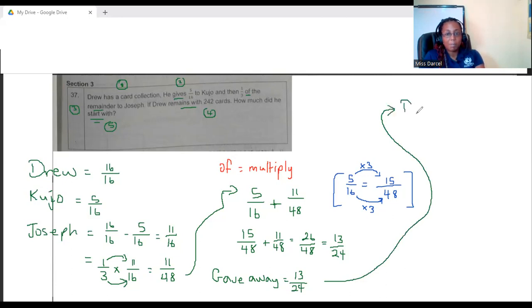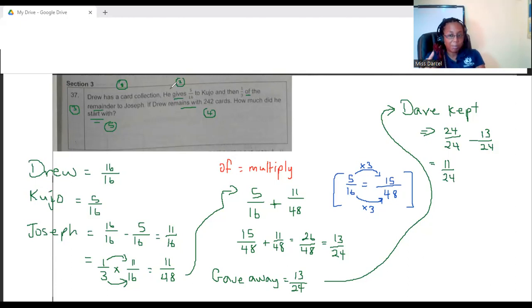So Dave kept, we know he gave away 13 out of 24. So we know the whole would be 24 out of 24, right? So 24 over 24 subtract 13 over 24 means that he kept 11 out of 24 parts, right?